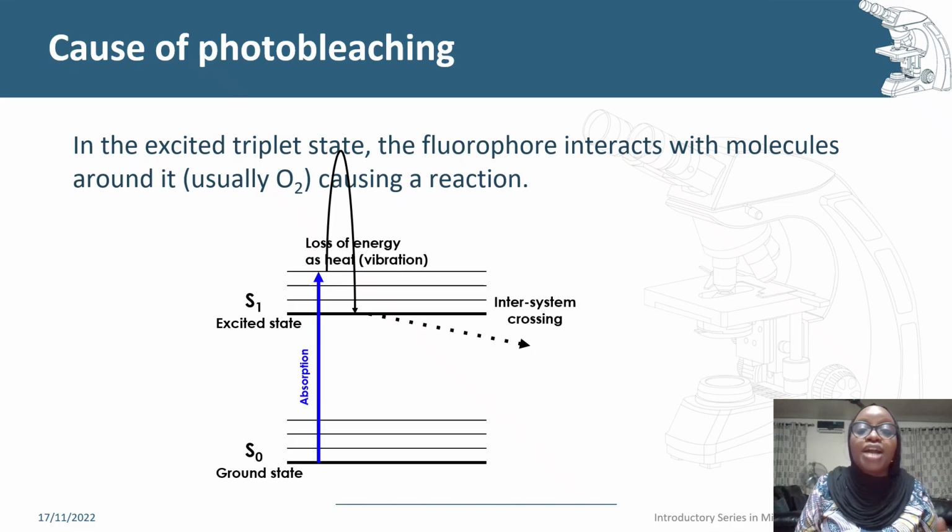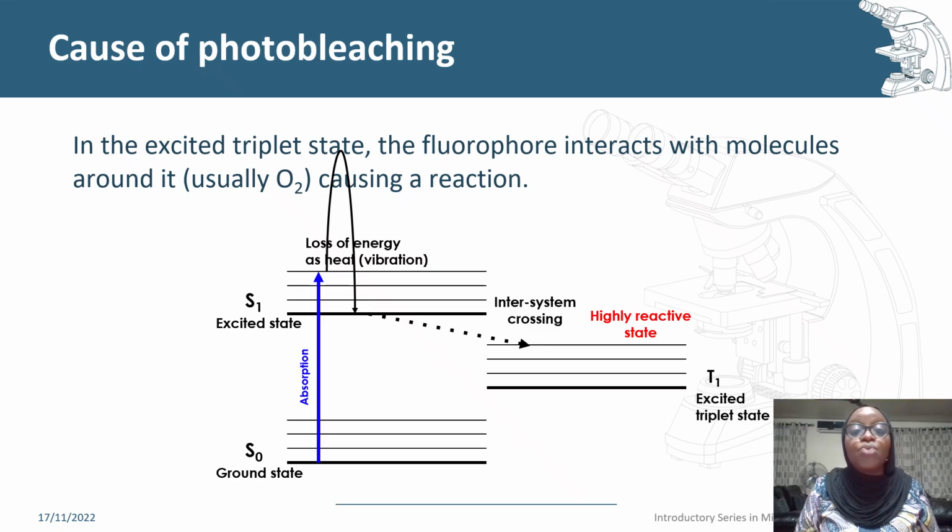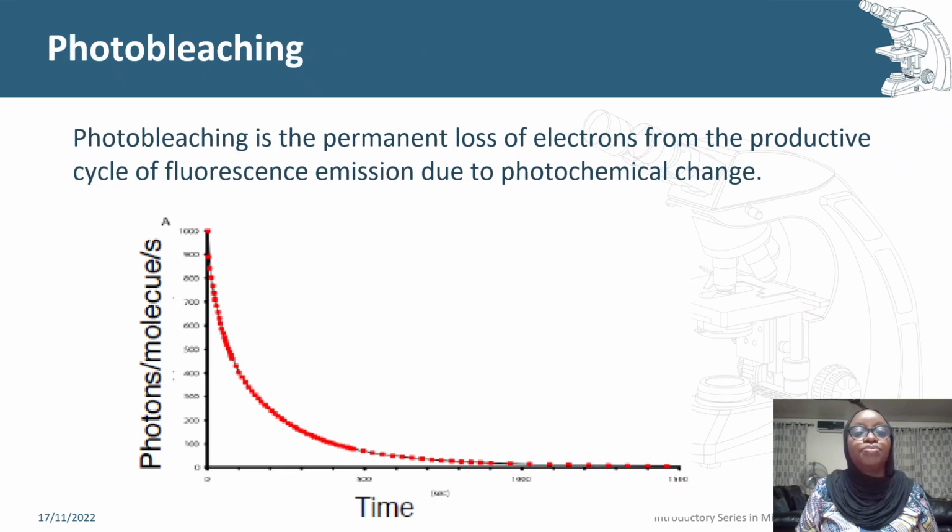The electron can then interact with the molecule around it, such as molecular oxygen, which causes a reaction, producing reactive oxygen species, that is the ROS.